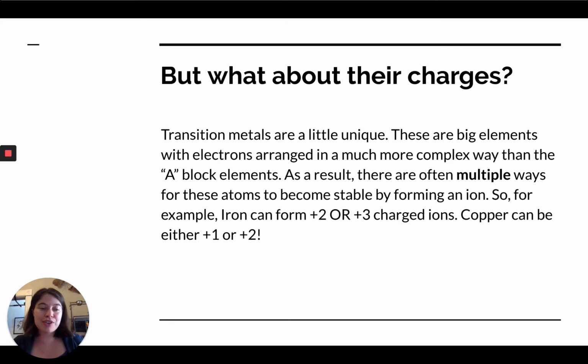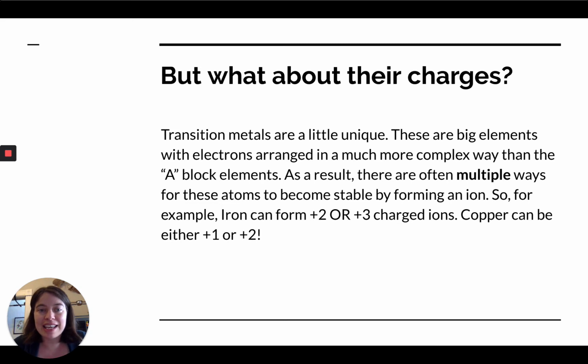So for those A groups, groups 1A, 2A, that's hydrogen's column, beryllium's column, and the 6 columns on the right-hand side of the periodic table, you can use something called the octet rule, which is you can say everything is trying to either empty out their electrons or get up to 8 electrons. And this works beautifully for things in the A block. The problem is that's not actually how it works. It's just a convenient shortcut.